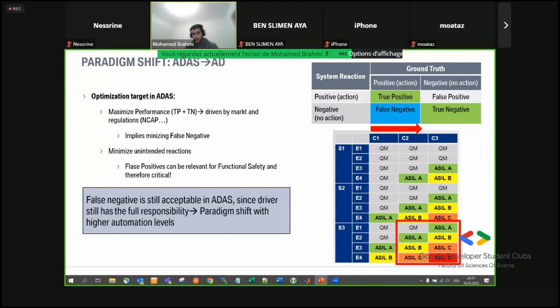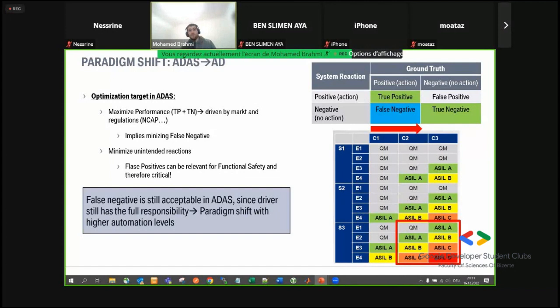That means when the system does not react, the driver cannot go to the car manufacturer and say, your system does not work well, I want money for this problem, like most people do in the USA, for example. But this will not work because by definition the driver has the responsibility.